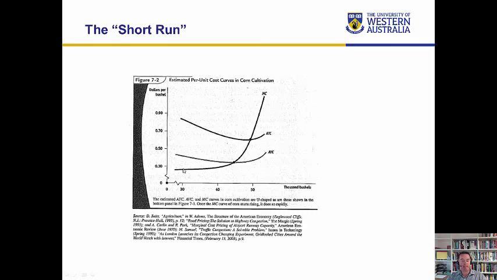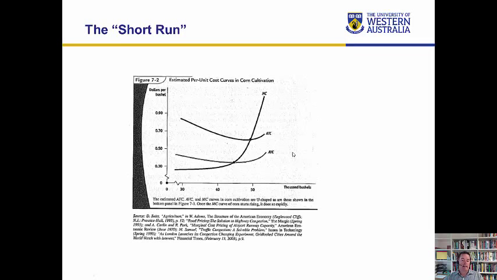What actually happens is marginal production costs start off very, very low, but then they start increasing at a very rapid rate. So this really shows the constraint that the farmer faces.